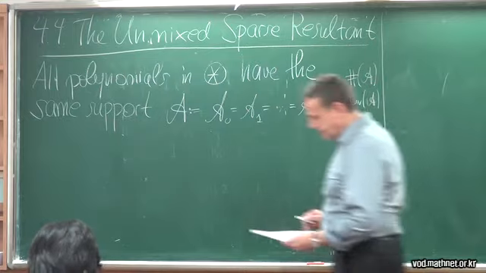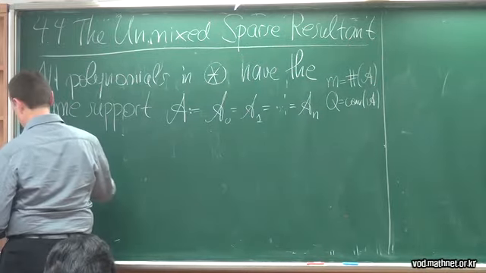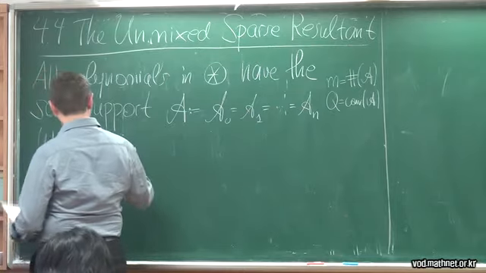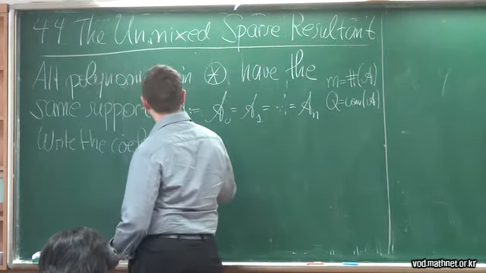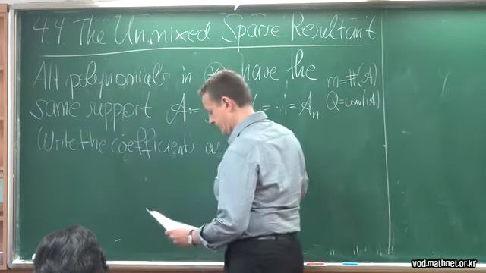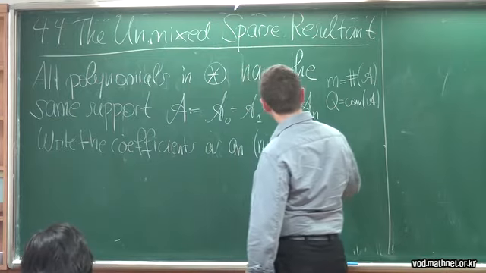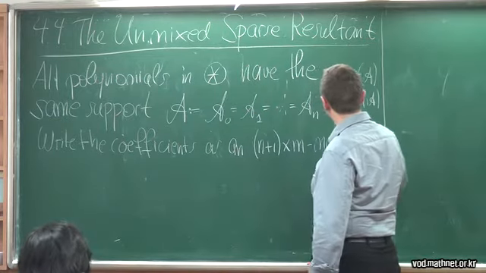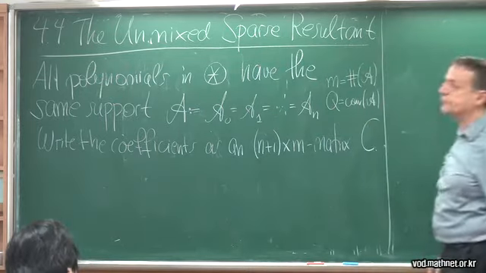Now, since they all have the same support, it's convenient to write the coefficients of our system as a matrix, as an n+1 times M matrix. We'll call that matrix C. That's the coefficient matrix, right?